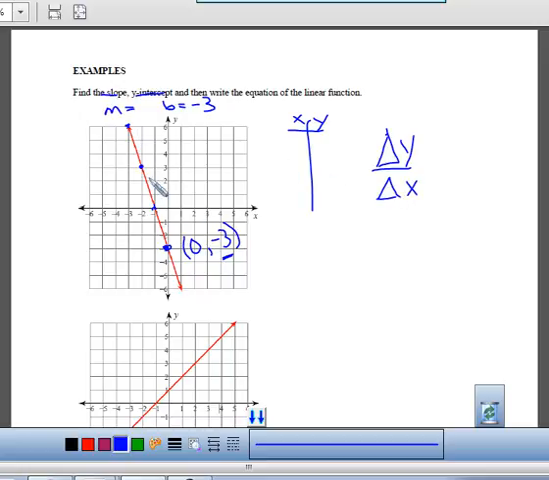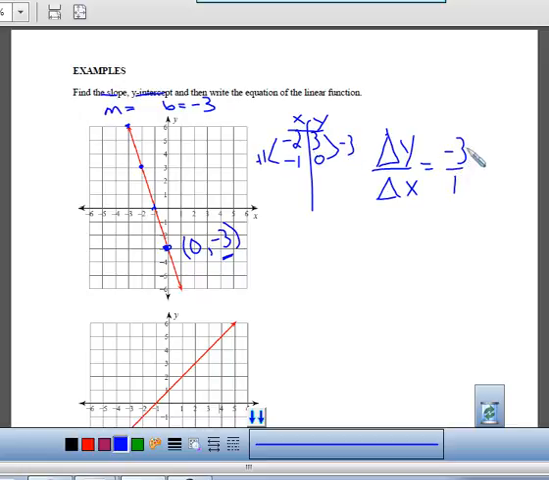Let's pick, how about we use this point, which is (-2, 3), and then this point right here, which is (-1, 0). So find your change in y from 3 to 0 is negative 3. Change in x, negative 2 to negative 1 is going up 1.